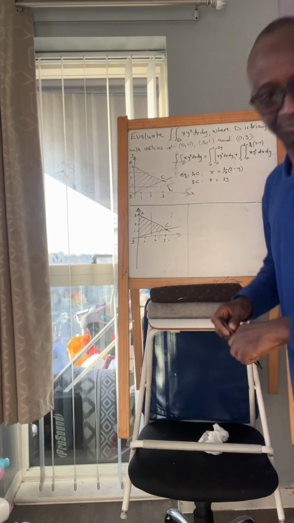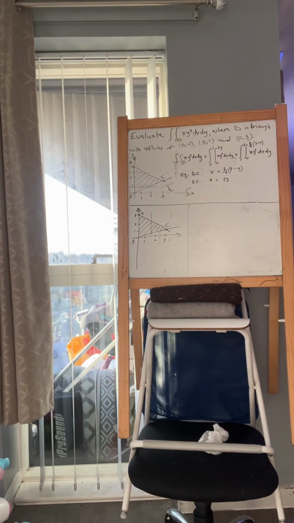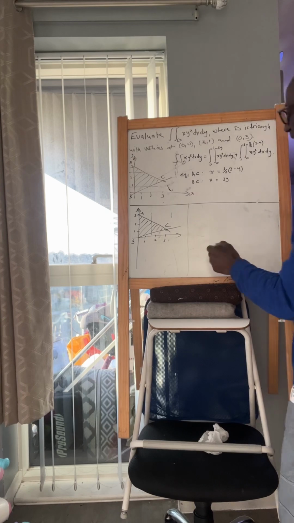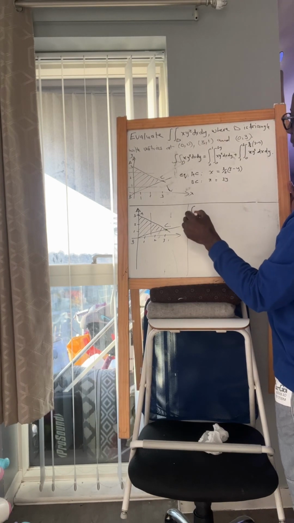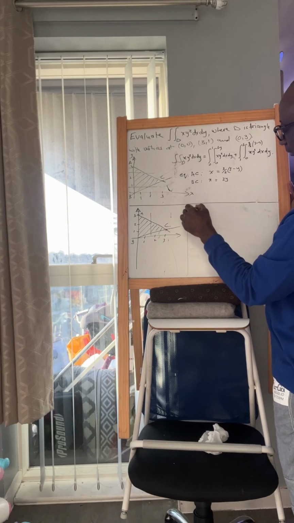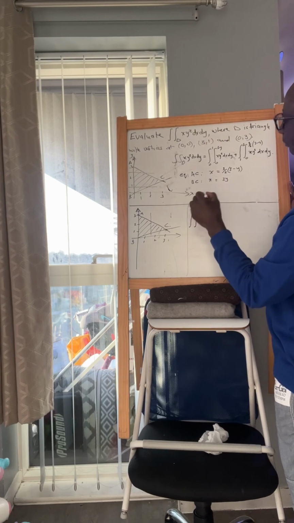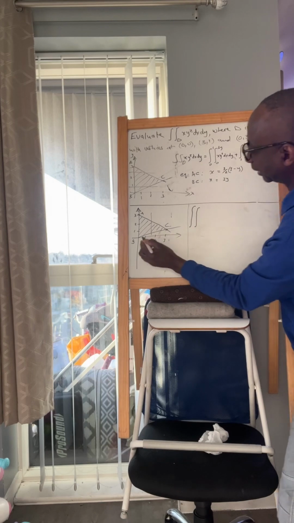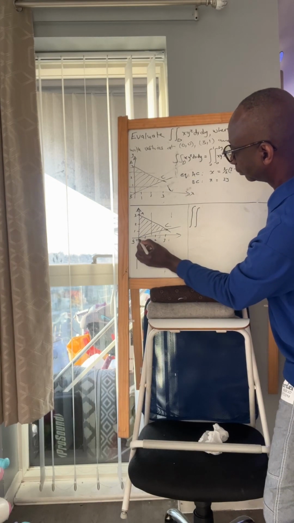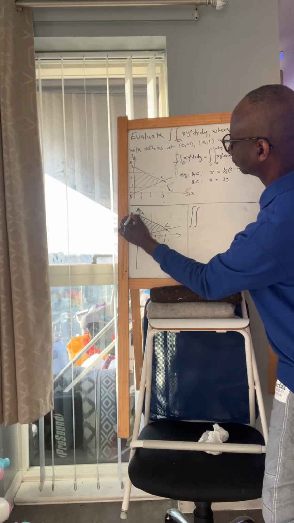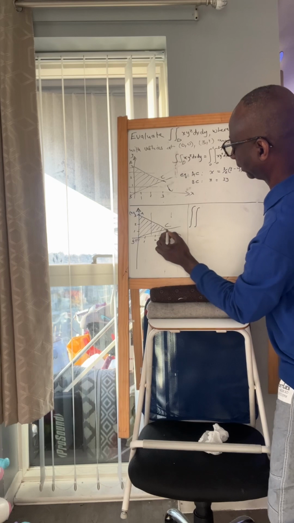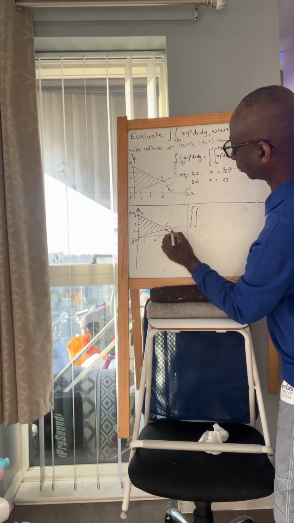Let me just create space. So we want to solve this one here. This is 0, 0. This is 0, 3, and this is 3, 1.